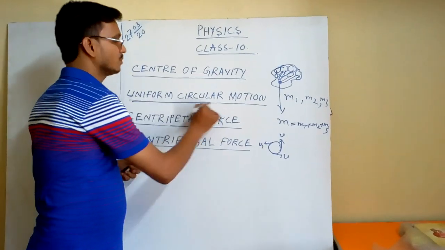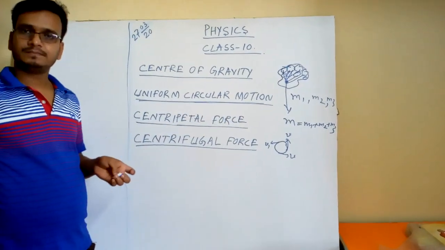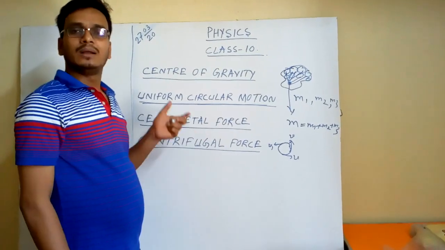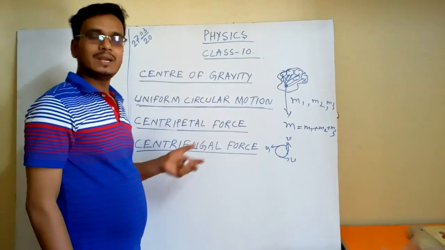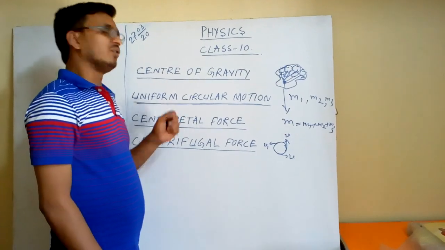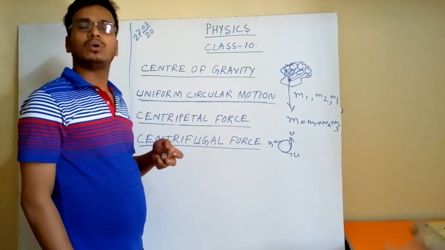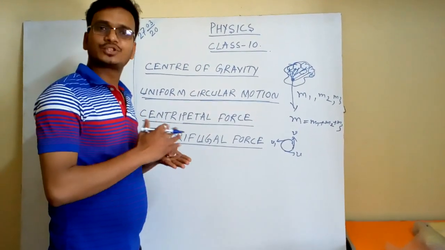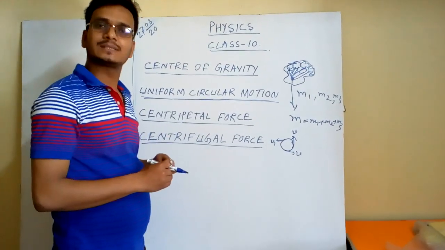then this motion is known as uniform circular motion. After that, what is the difference between linear uniform motion and circular uniform motion? As we all know, in the case of linear motion, the particle moves in a straight path and its velocity stays the same.